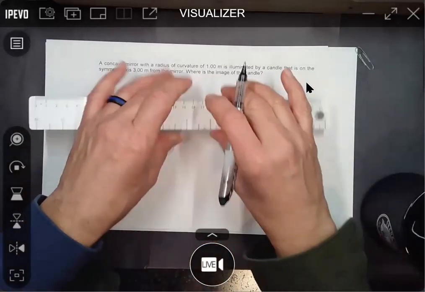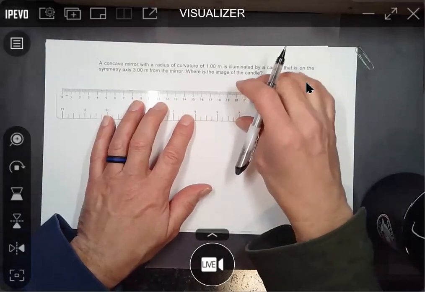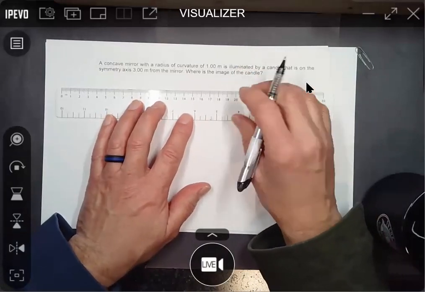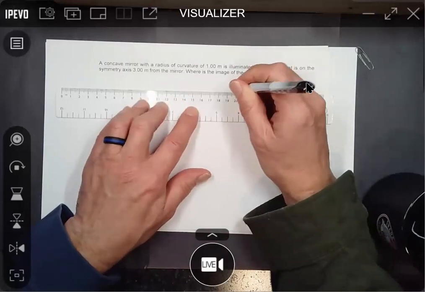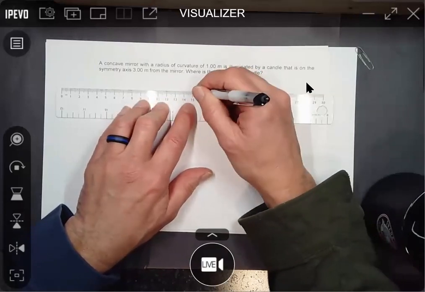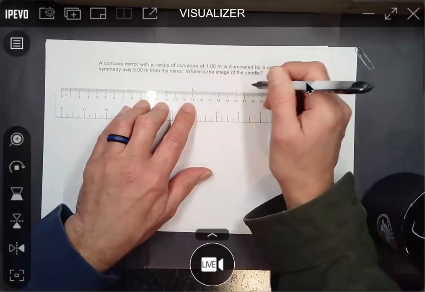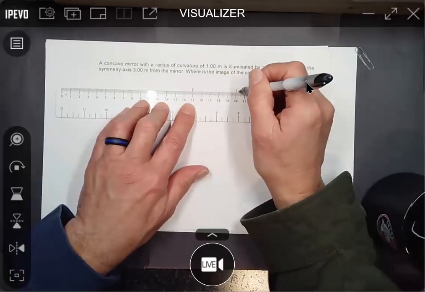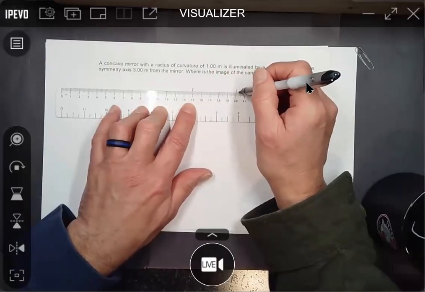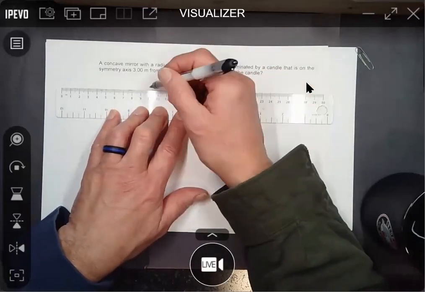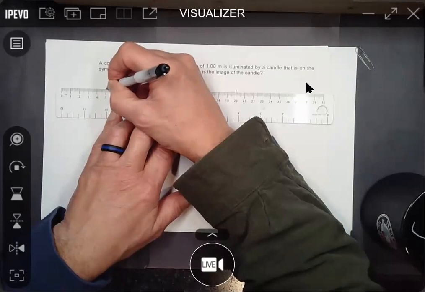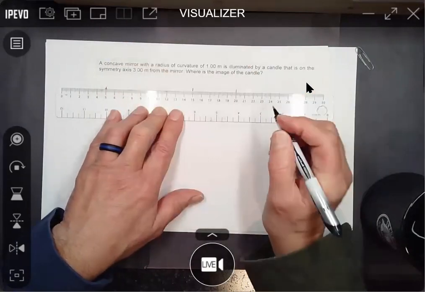So let's go ahead and do a sketch here. Radius of curvature, all that. That'd be our 1 meter radius of curvature. And this thing's going to be 3 meters from the mirror. So 3 times that far away. 1, 2, 3. So there's where our candle happens to be.